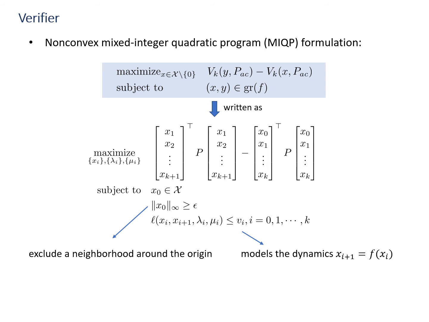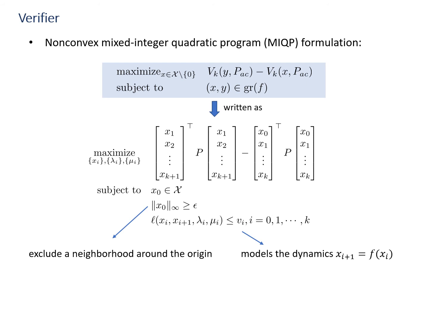In this formulation, we maximize the Lyapunov difference function, which is a quadratic one, over the initial state x0 inside the region of interest. We exclude the origin from our search space by using an L-infinity norm ball as a guard around the origin.